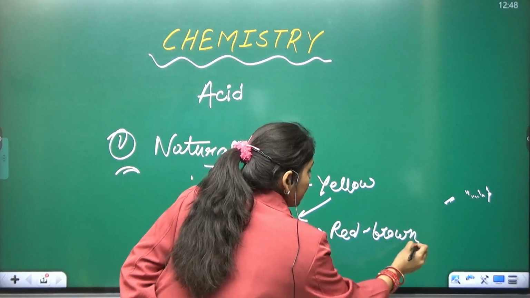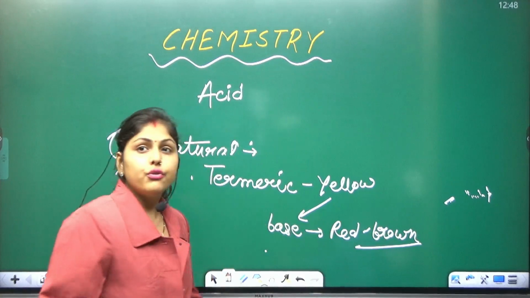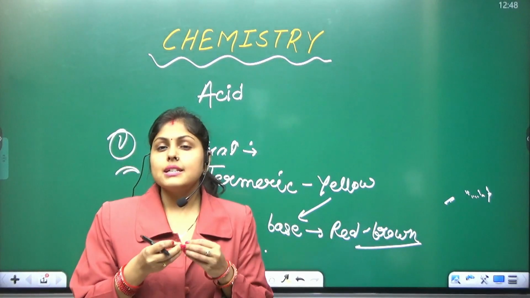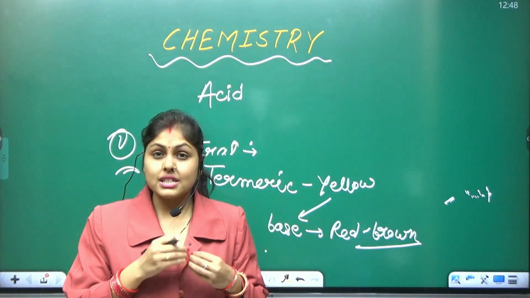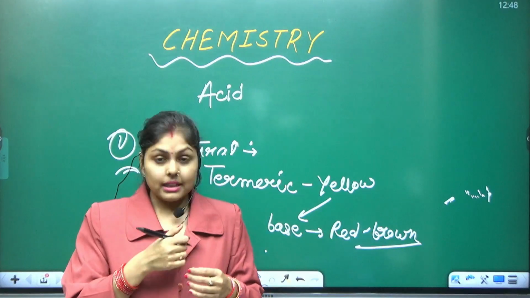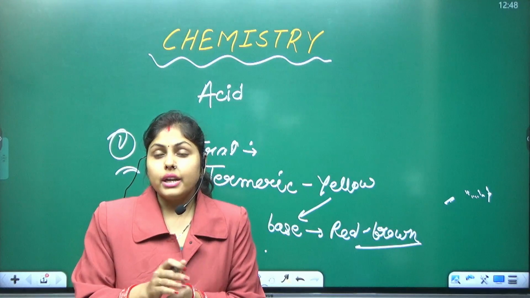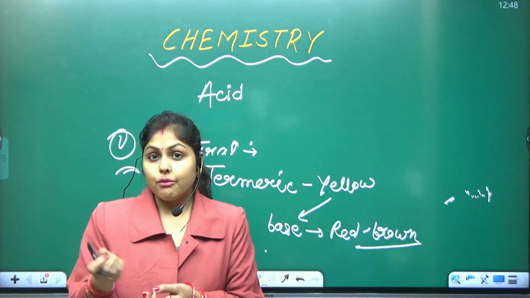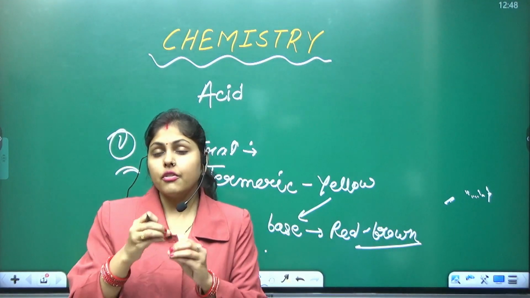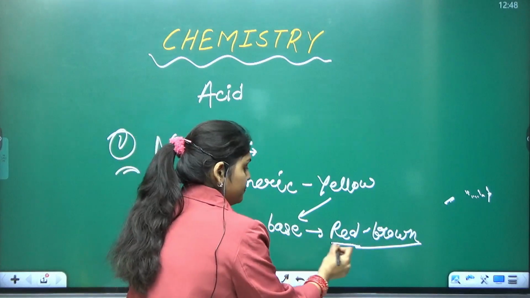The common example we all know: when we eat food and by mistake it is spilled on our clothes, it leaves a yellow stain. Now when we add some soap to it, rub it and splash water on it, it converts into red brown.